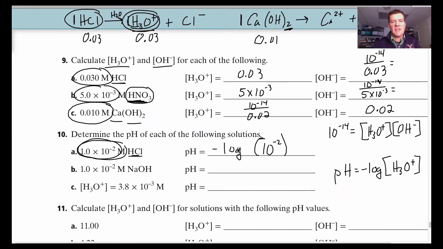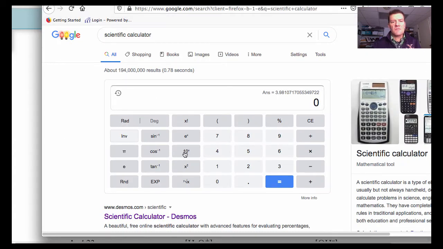I'm going to do 10 to the negative 2, but I'm going to take the negative log of that. Okay? Let's do this actually. Okay, we're going to do negative log of 10 to the negative 2.